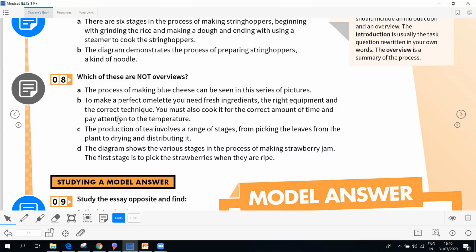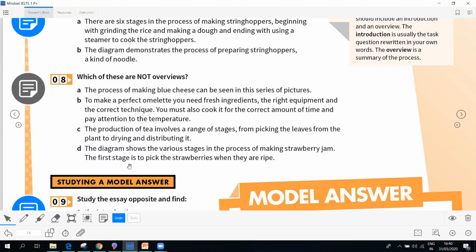Okay. Let me show you an example. D is clearly not an overview. Read D. The diagram shows the various stages in the process of making strawberry jam. So it reads like an introduction. Yes? Okay, move on.